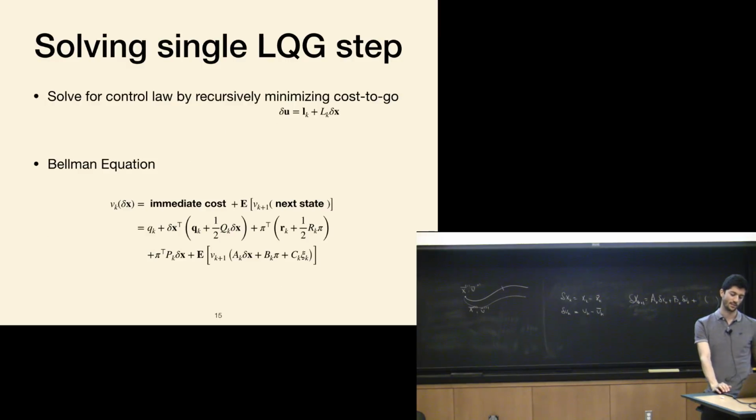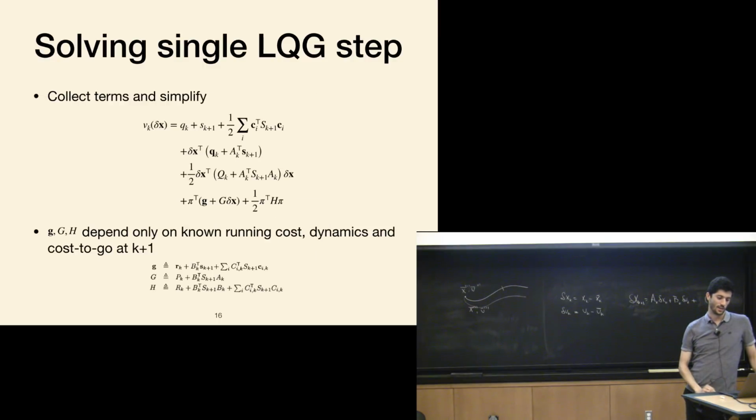So to get from this expression for V_k to the one on the next slide, there's quite a bit of algebra involved that I'm skipping. But you get to this expression, okay? And it's pretty messy. But the important thing to know is that pi here is u. That's the thing you're solving for, right? And this is a function that's quadratic in pi, right?